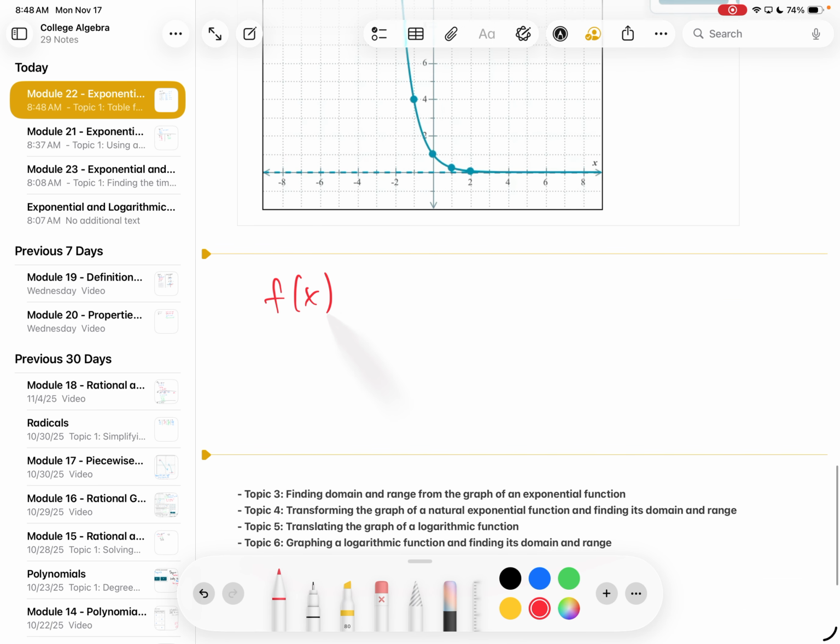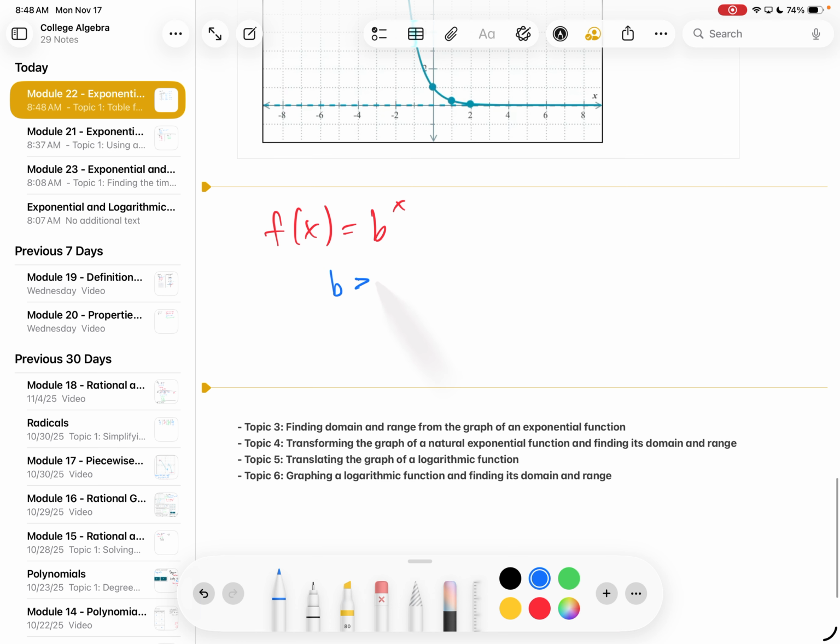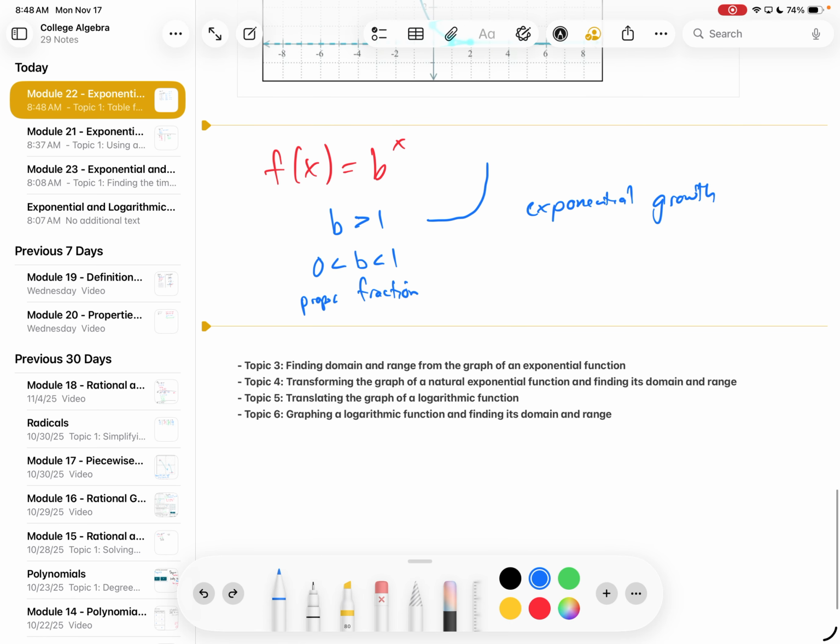It could be all real numbers, negative infinity to infinity. It could be anything. And on this one we would do y is greater than -4. Okay. So the key there is that your domain is probably going to be all real numbers almost every time. And then your range is going to be, the bottom of it will be the asymptote.